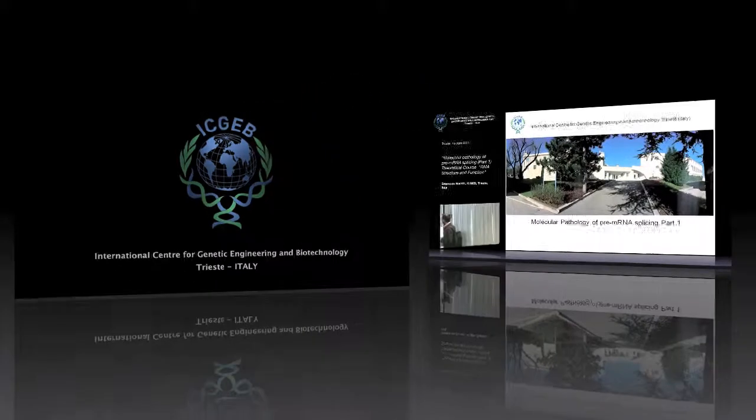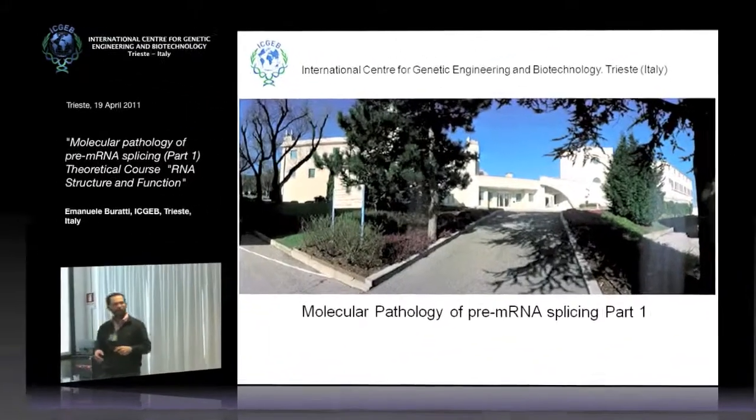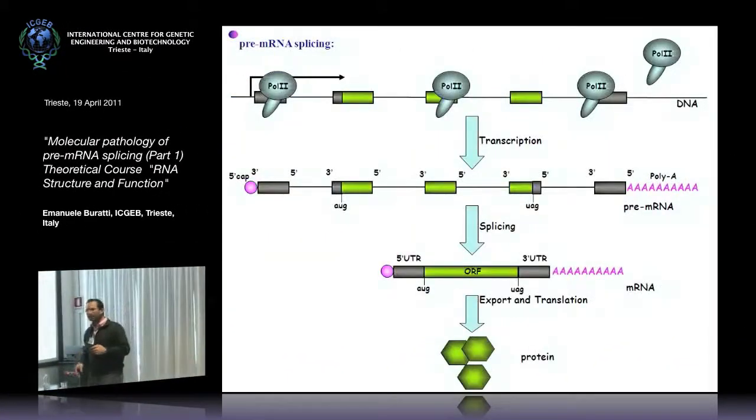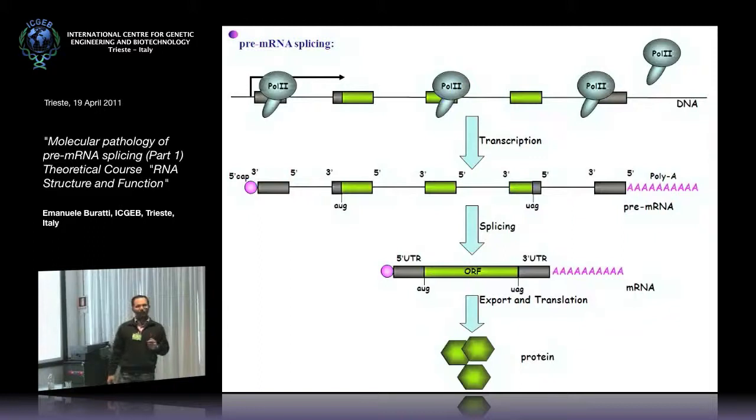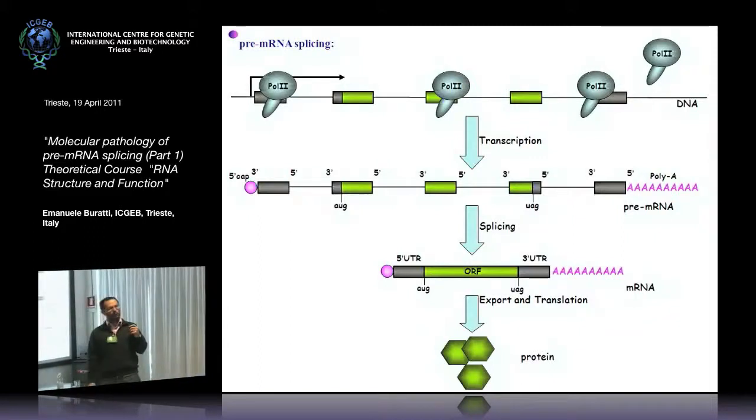So I didn't bring a lot of introduction on what the splicing process is. The only thing that you should all bear in mind, and that was very clear in John's talk yesterday and this morning, is that apparently splicing is a very simple process.